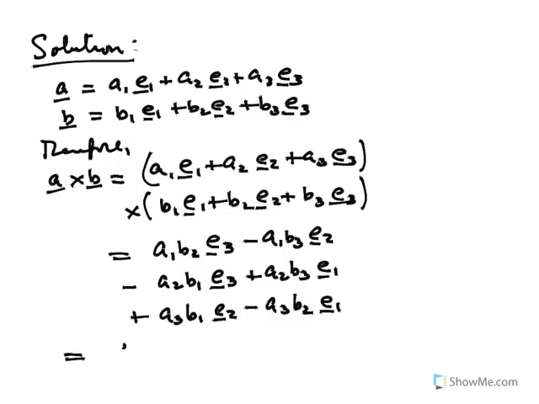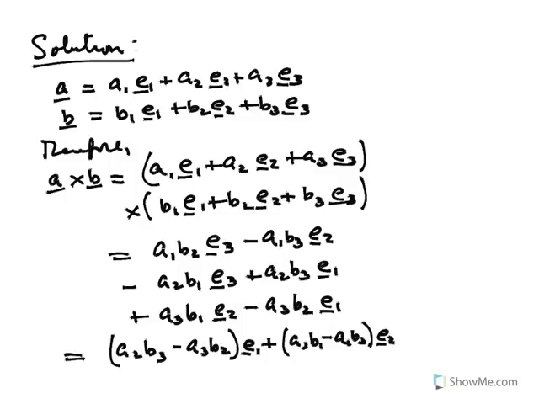all the E1 terms. I get A2 B3 minus A3 B2 times E1, plus I've got the E2 components. The E2 components give me A3 B1 minus A1 B3 times E2, and then the E3 components give me A1 B2 minus A2 B1 times E3.